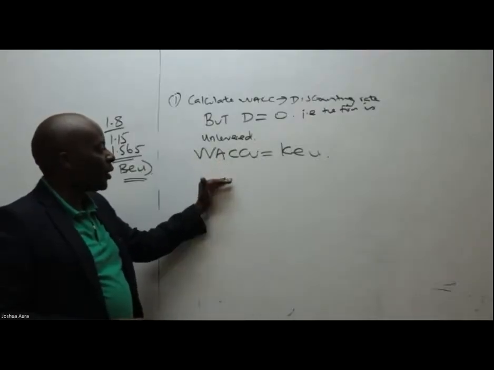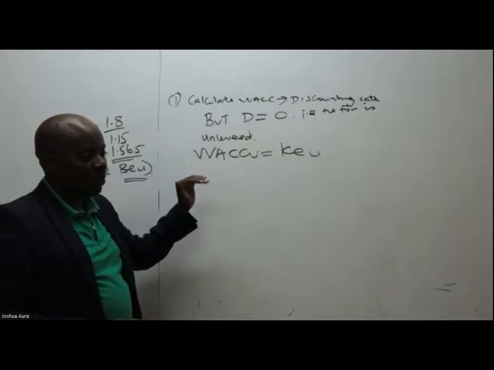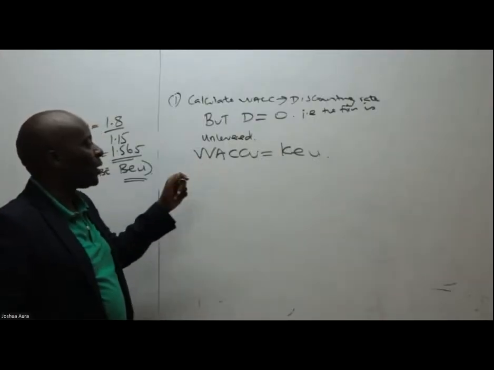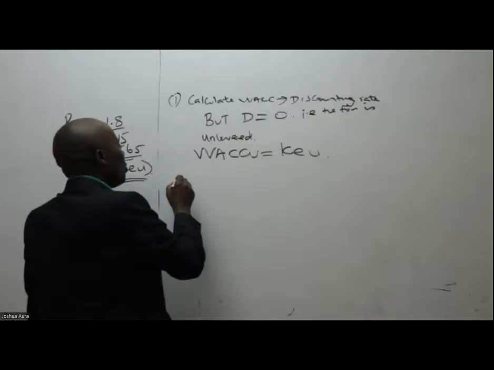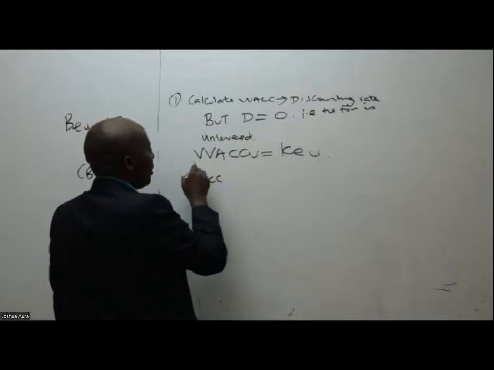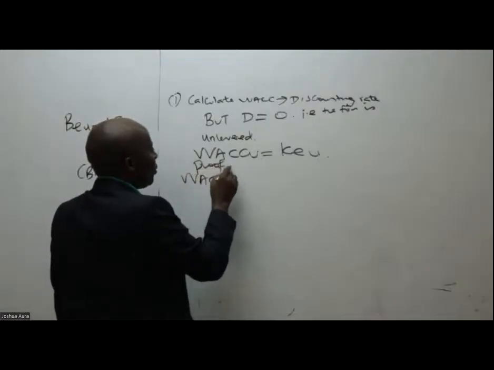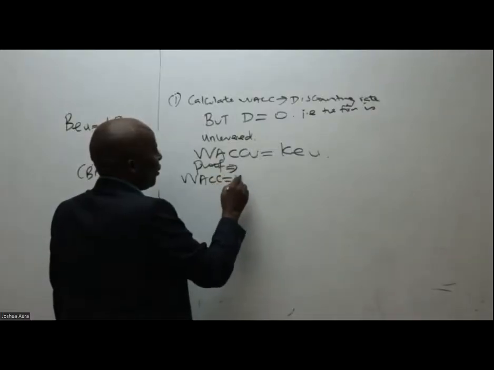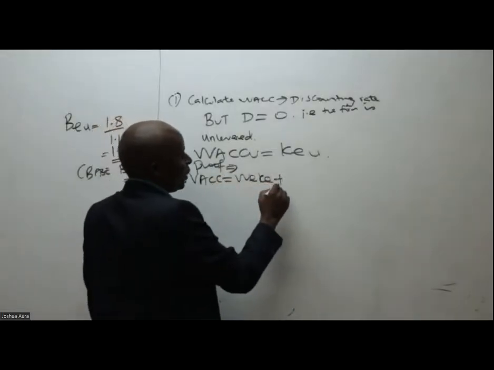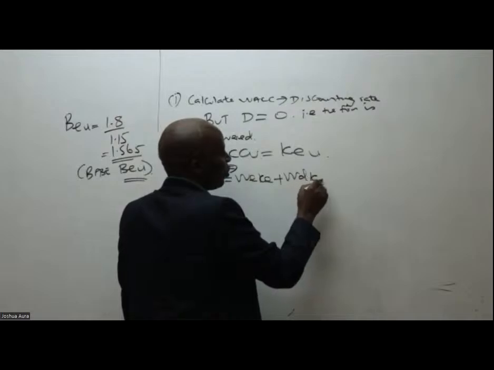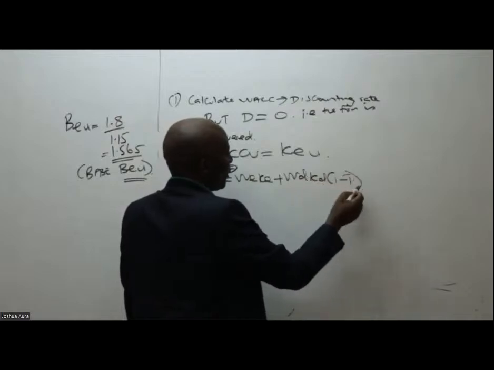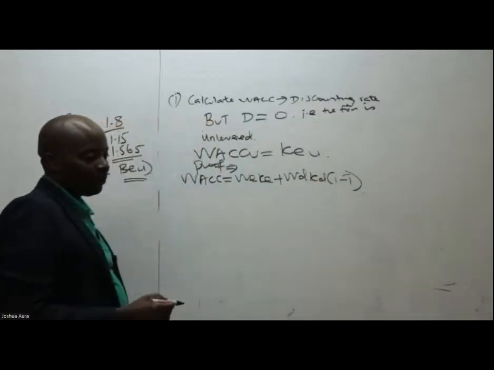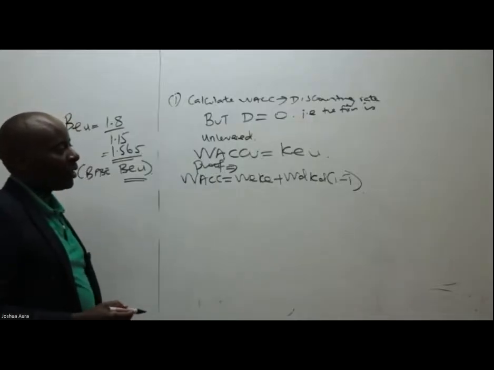No. It's WACC U equals Ke U. And we can prove this. To get WACC, we take weight of equity times cost of equity, plus weight of debt times cost of debt, into 1 minus tax.